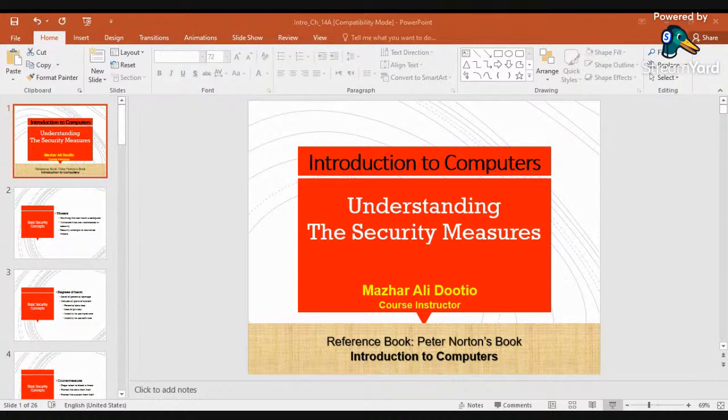Otherwise, privacy, secrecy, and confidentiality are very necessary. So don't publish your records on the internet. That is a security measure. And internet use is monitored and logged. When we are connected to the networks, we are monitored through different sources, different devices.